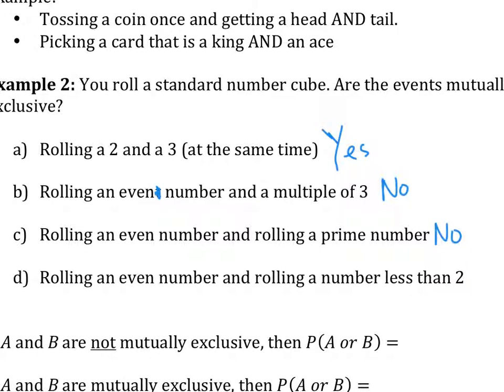Okay, D. Rolling an even number and rolling a number less than 2. Less than 2 means that number is 1, and 1 is not even, so it's mutually exclusive.